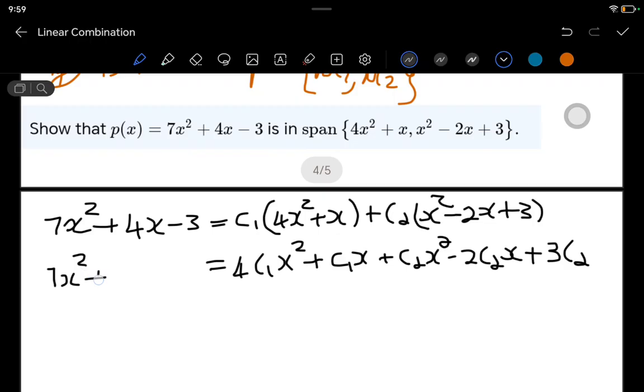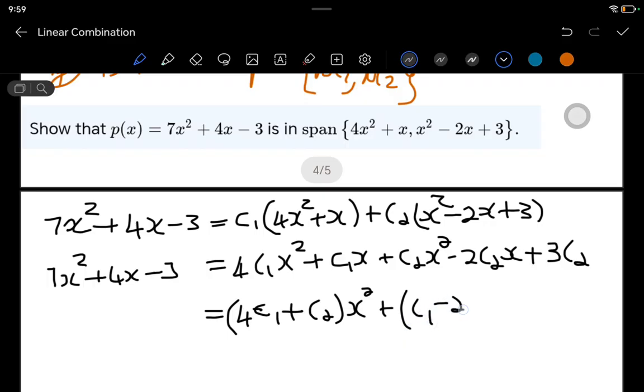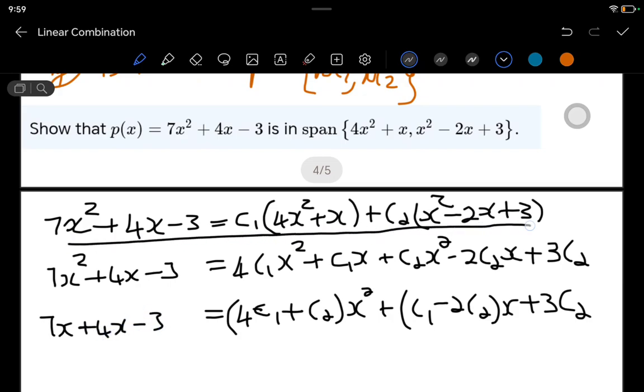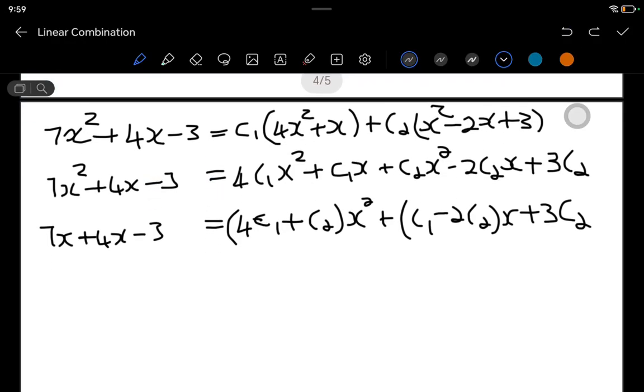Grouping, this is (4C1 plus C2) x squared plus (C1 minus 2C2) x plus 3C2, equal to 7x squared plus 4x minus 3. Remember, after expressing it in this format, we need to find C1 and C2.